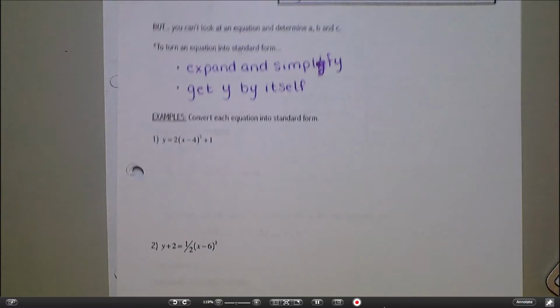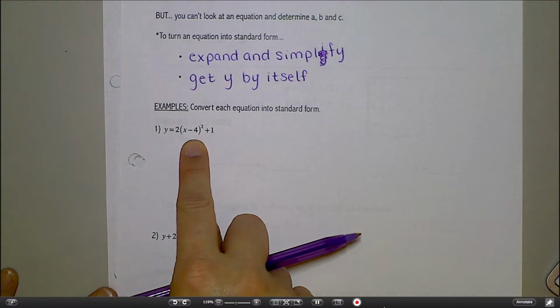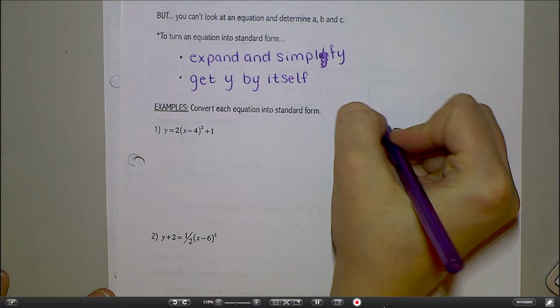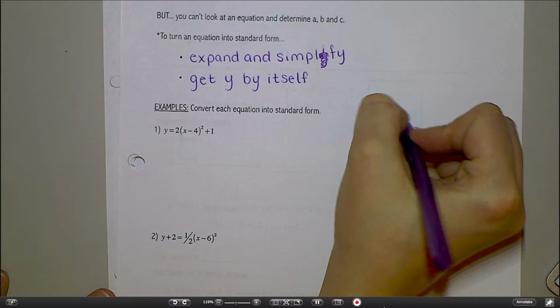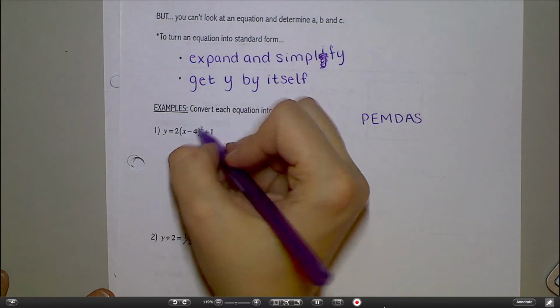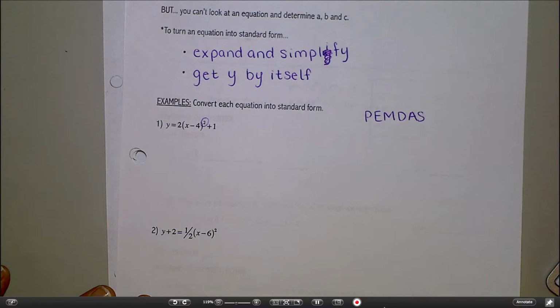So, looking at that first one, to get something like this into standard form, I'm just going to follow PEMDAS. First thing I'm going to deal with is this square. No, because I'm not solving. Good thinking. If I were solving, I would. But I'm simplifying.